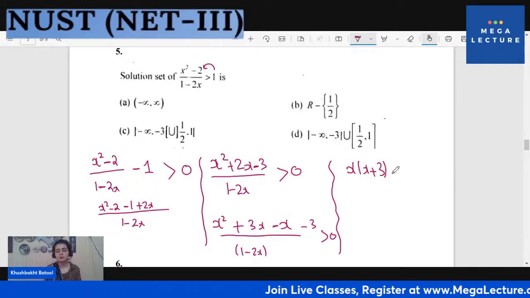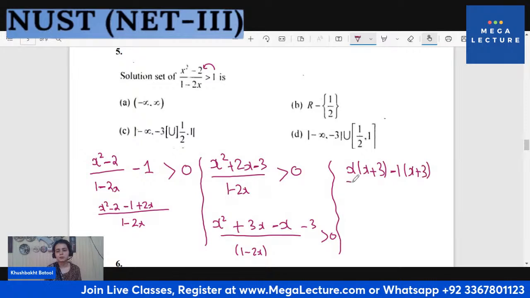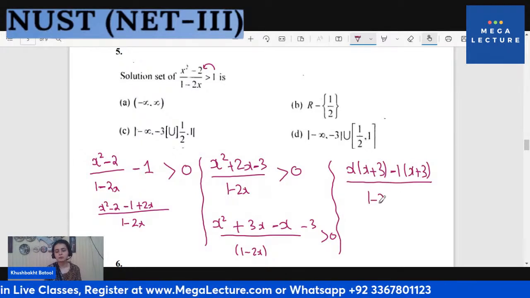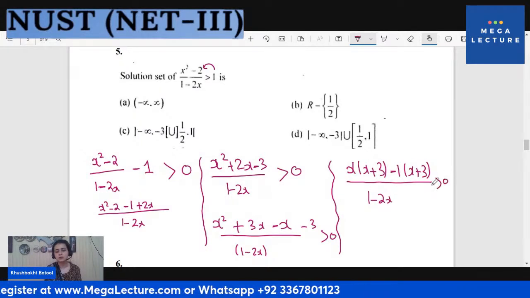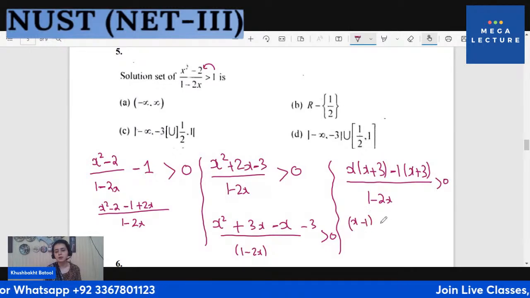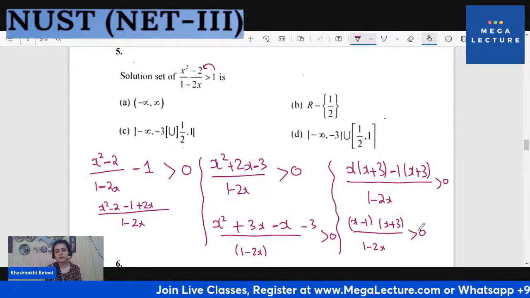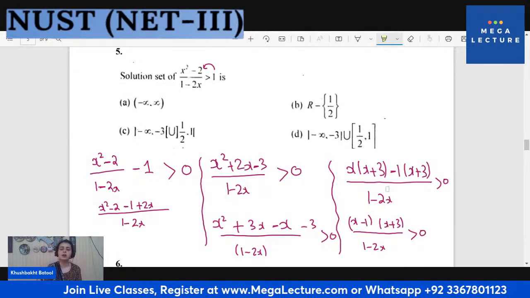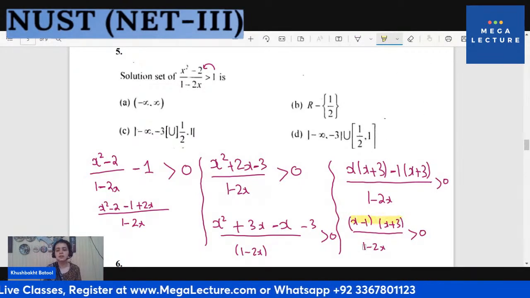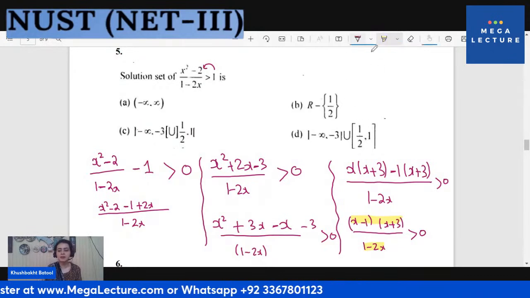So x into x plus 3 minus 1 into x plus 3 divided by 1 minus 2x greater than 0. So you would get x minus 1 times x plus 3 divided by 1 minus 2x greater than 0. Again, at this point, we have a fraction that is greater than 0. We need to find the critical values first, and then I'll tell you how to do it.